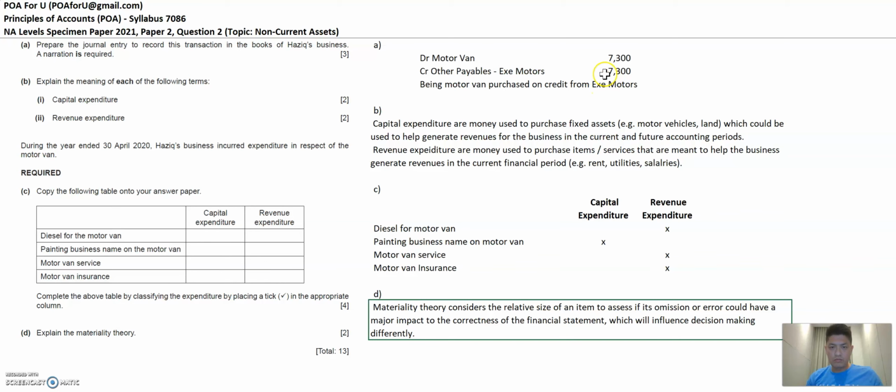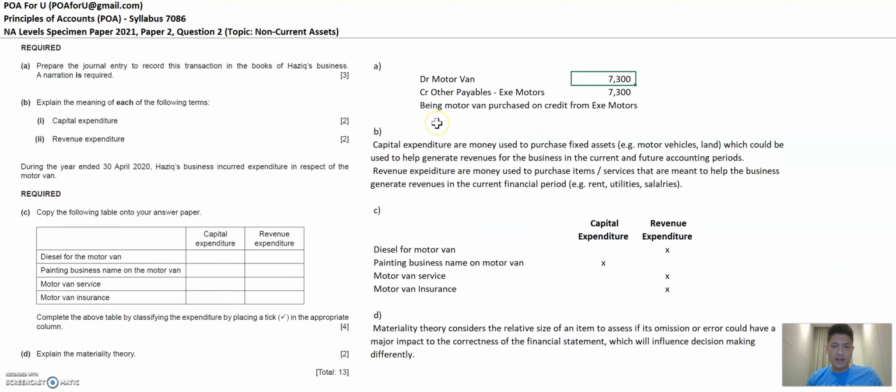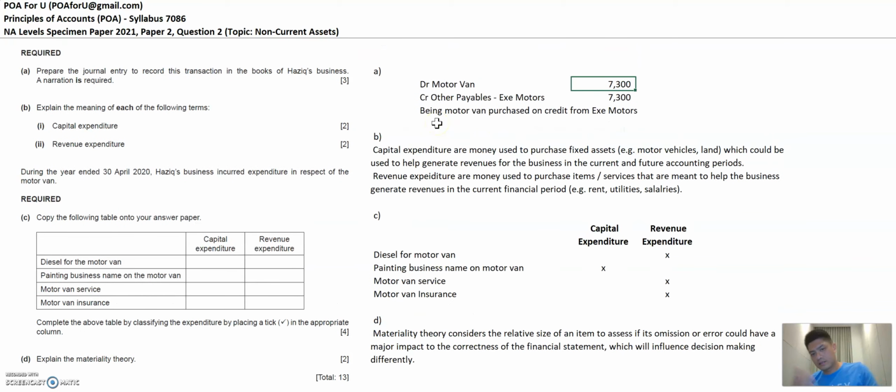If I told you that this motor van that Haziq bought was not $7,300, was $7,300.50, but they recorded it at $7,300. Is this significant? Maybe not. But if I told you that this motor van is actually $17,300 instead of $7,300, oh, that's a big amount, right?